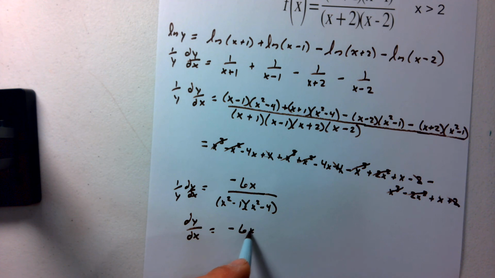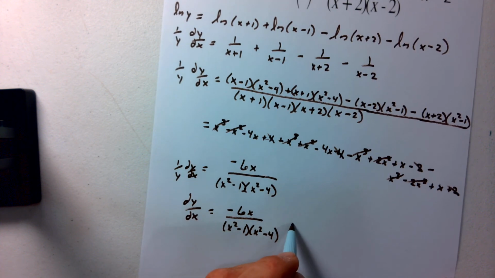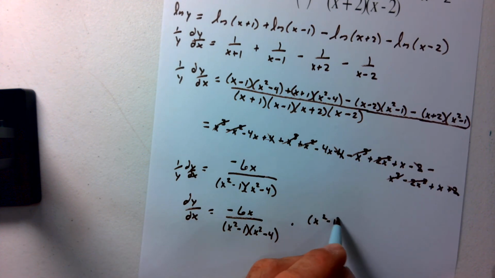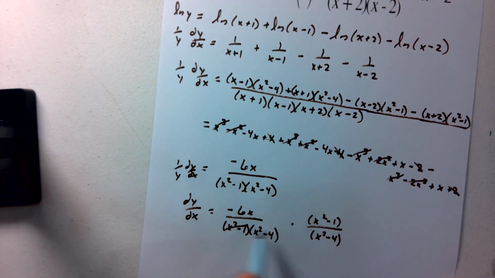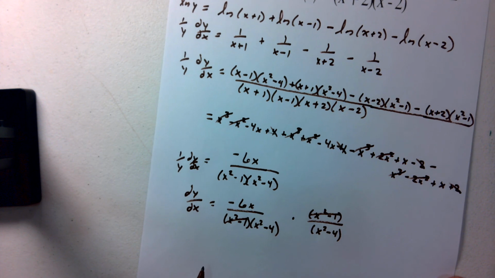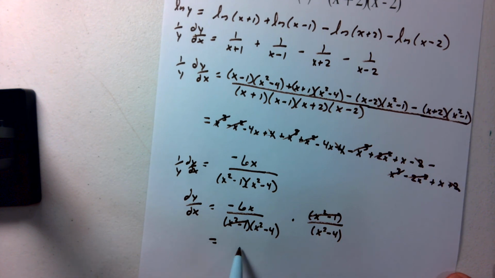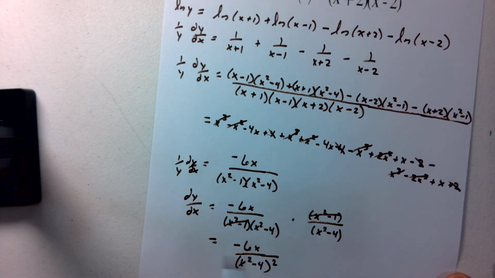So I get a negative 6x over that x squared minus 1, x squared minus 4. So they're going to multiply by an x squared minus 1 over x squared minus 4. Go ahead and cancel those out. Those are going to be gone for me. And I'm going to get a negative 6x over x squared minus 4 squared. And that gives me my final answer.